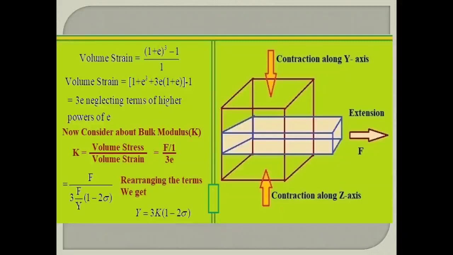Rearranging the terms, we get capital Y is equal to thrice K into bracket 1 minus 2 sigma. So this is about the relationship among elastic constants. These are capital Y, which is Young's modulus, capital K, which is bulk modulus, and sigma, which is Poisson's ratio.